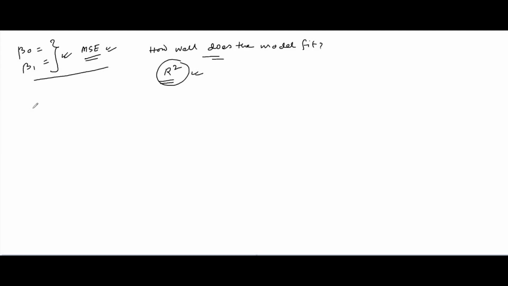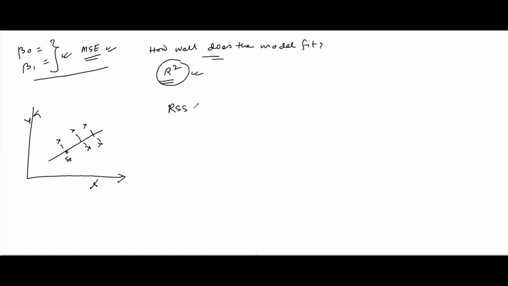First thing, I'm going back to my old picture. This is my y, this is my x, and I will have some values on the line and others outside the line. These are my residuals, my errors. When we calculate this, the first thing is RSS.